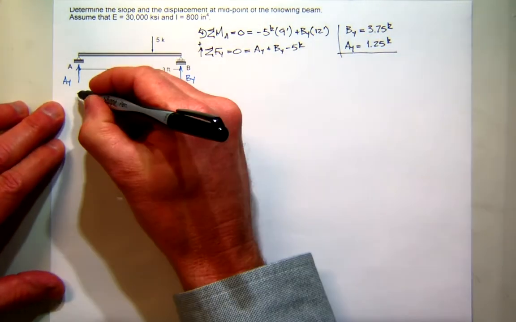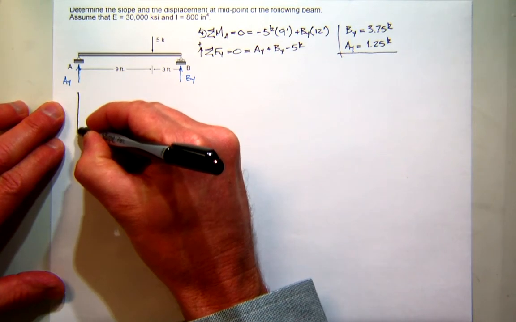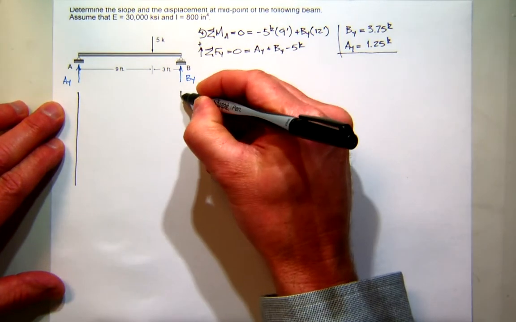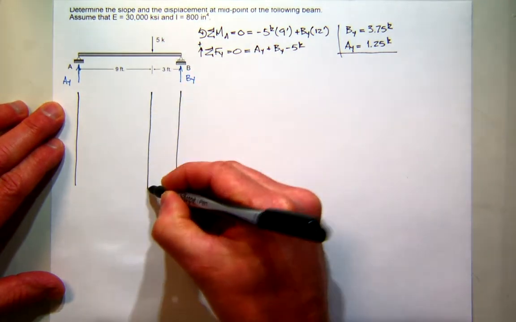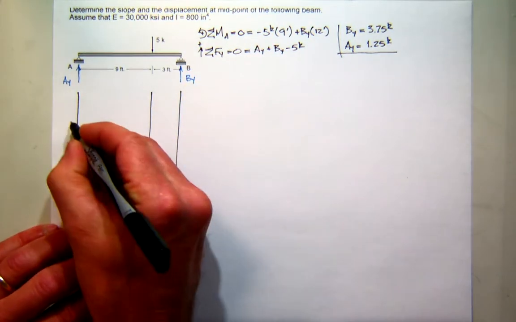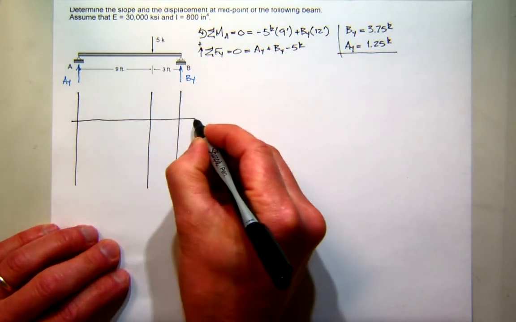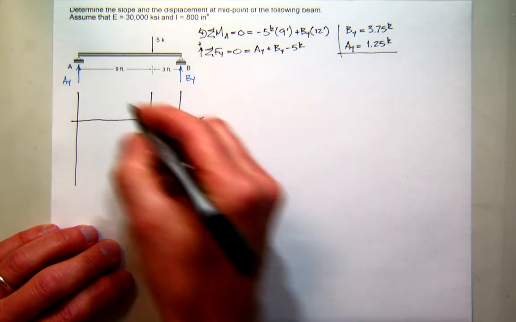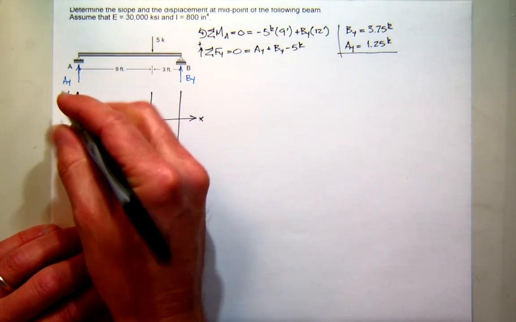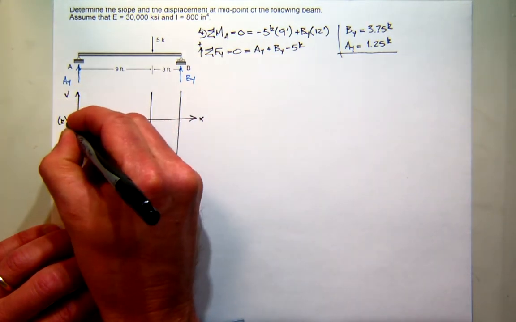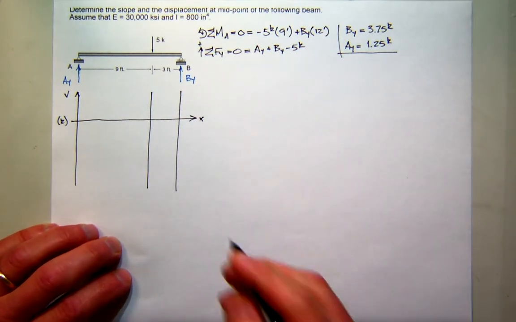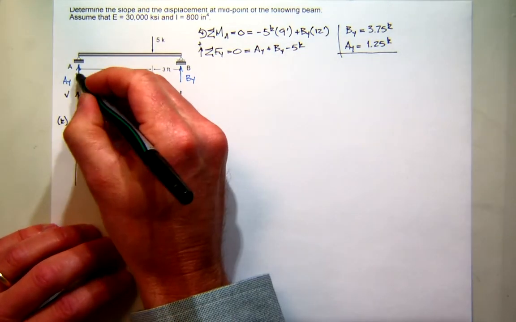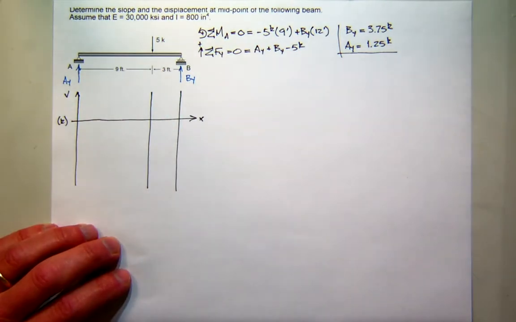So now with those, I'll come over here and sketch kind of a template for my shear moment diagram. Assume positive X, positive shear with units of kips. So starting on the left-hand side, what is the shear at A?